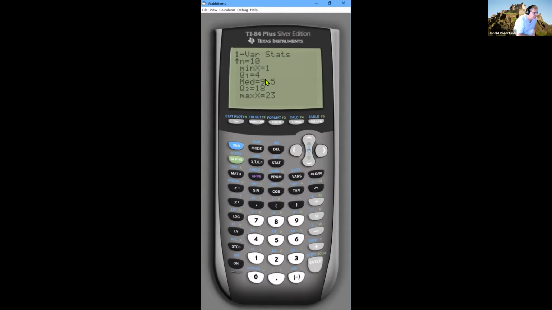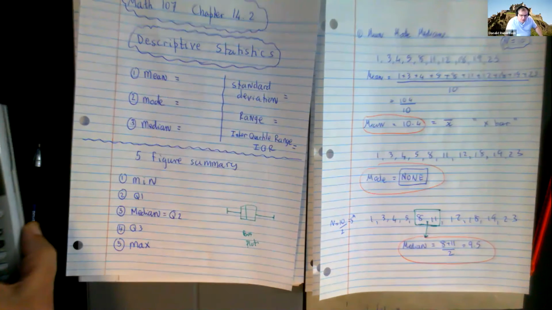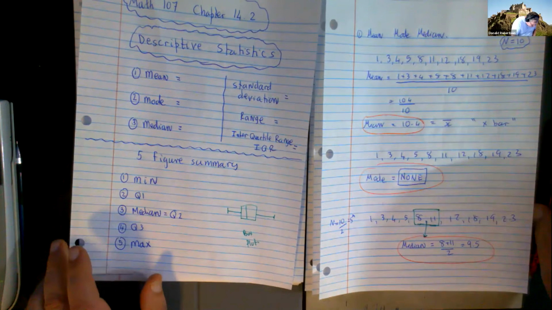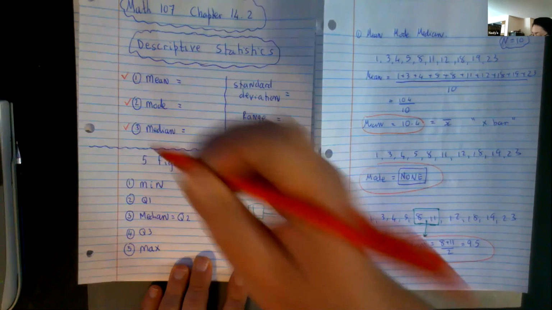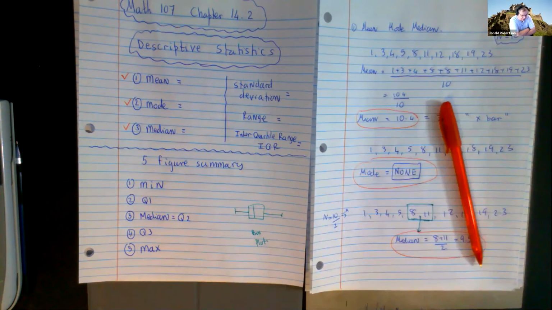It wouldn't really be practical. Are we good so far? Right. So if I kind of return to my hit list of things that I want to make sure that we've covered, are we happy? We know how to do those three things, right? By hand or with the calculator.